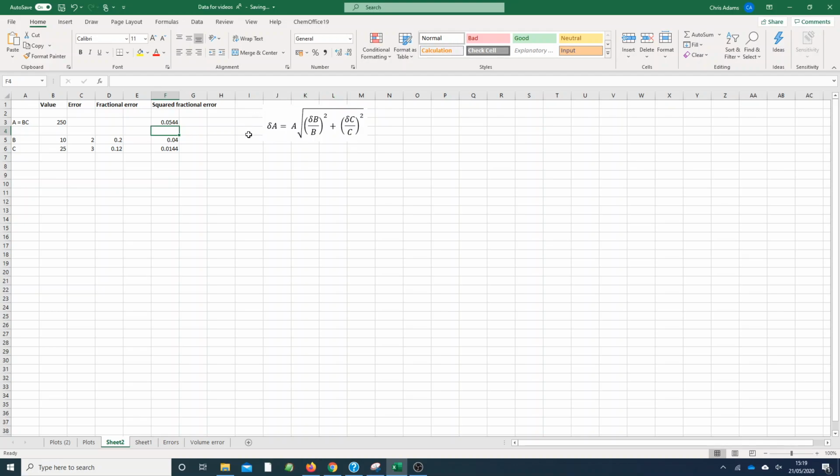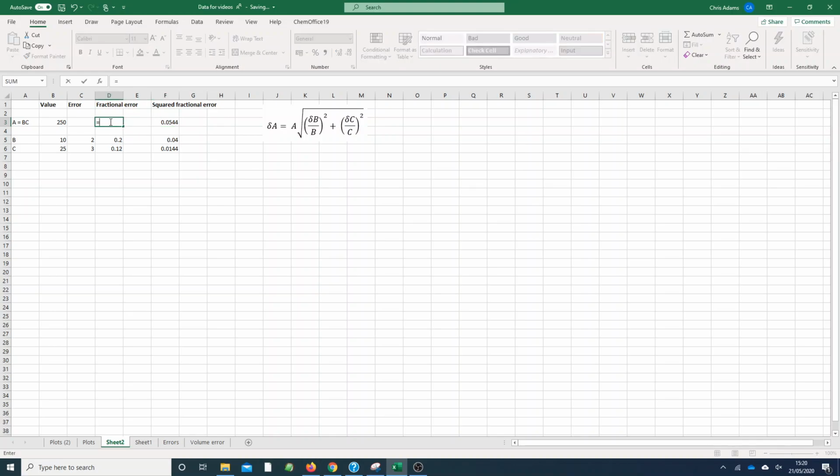Because if you think about this equation here, if I take A over to the other side and then square both sides, I end up with delta A over A squared, which is the squared fractional error in A. And on this side I have the squared fractional error in B plus the squared fractional error in C. So the sum of the individual squared fractional errors is the fractional error in the product squared.